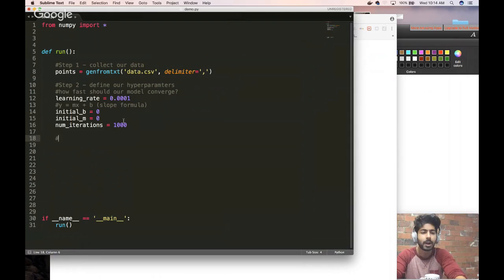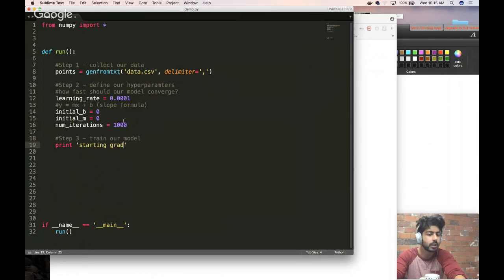So those are our hyperparameters. And now step 3 is going to be to train our model. The first step is going to be to show the starting gradient descent. At b equals, what is the starting gradient descent? It's going to be 0, right? And then m is going to be the starting point.